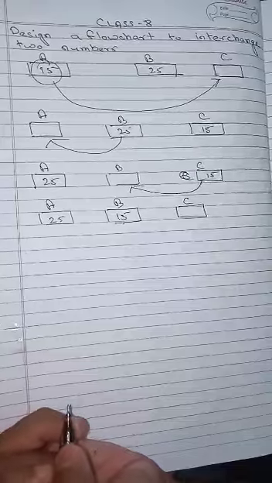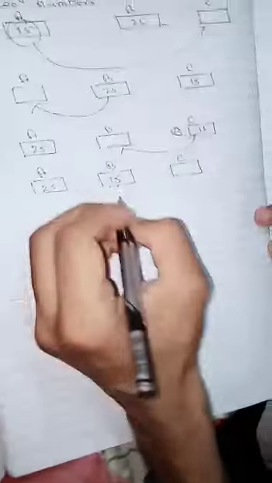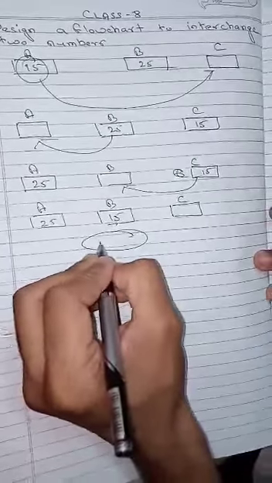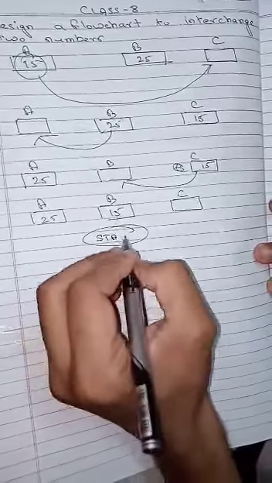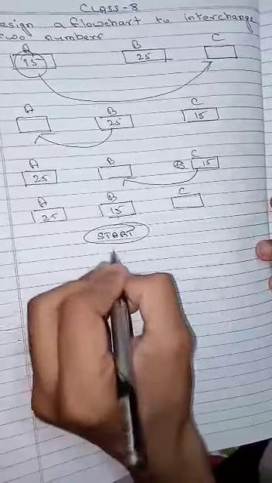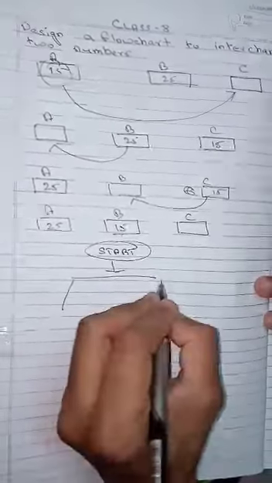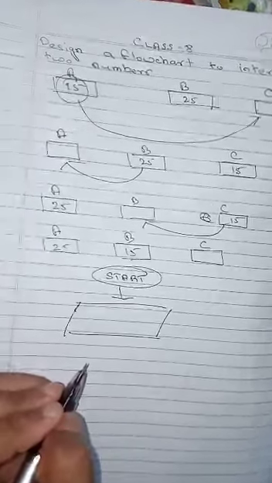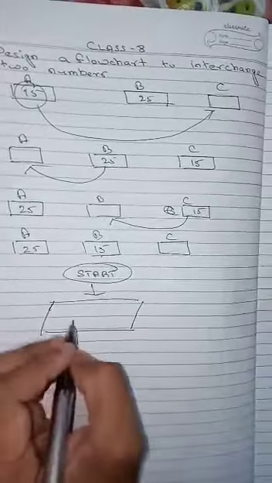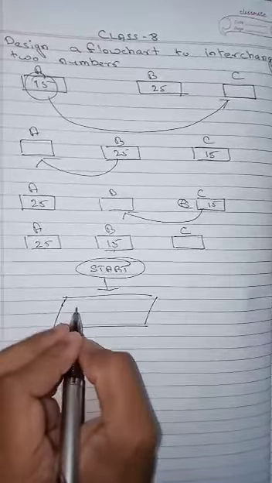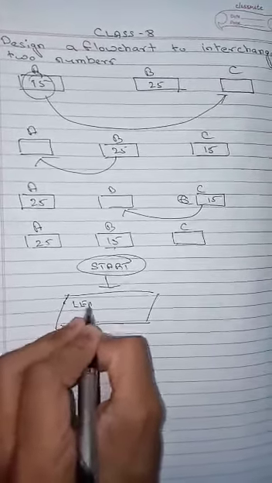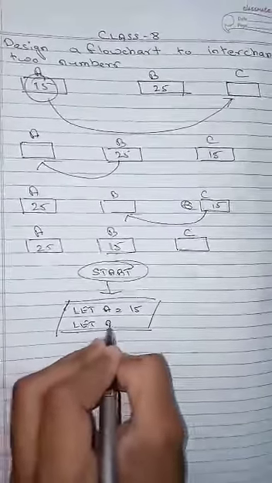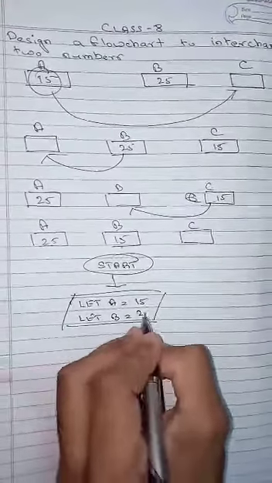In order to design the flowchart, the first thing we are supposed to do is start with the oval shape. In the next step, we will use a parallelogram box, which is also known as an input or output box. Here we will assign two values, that is let A equal to 15, let B equal to 25.